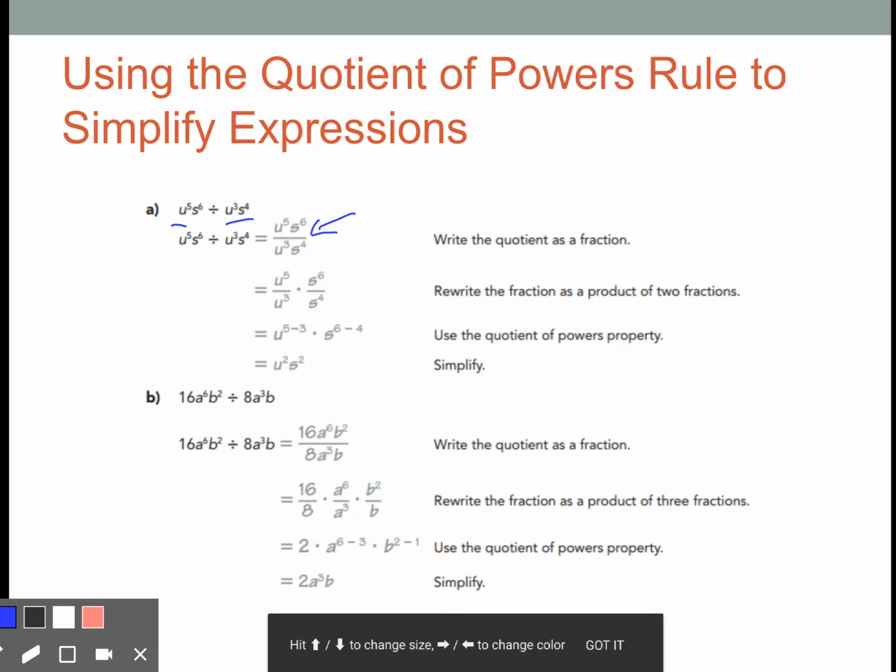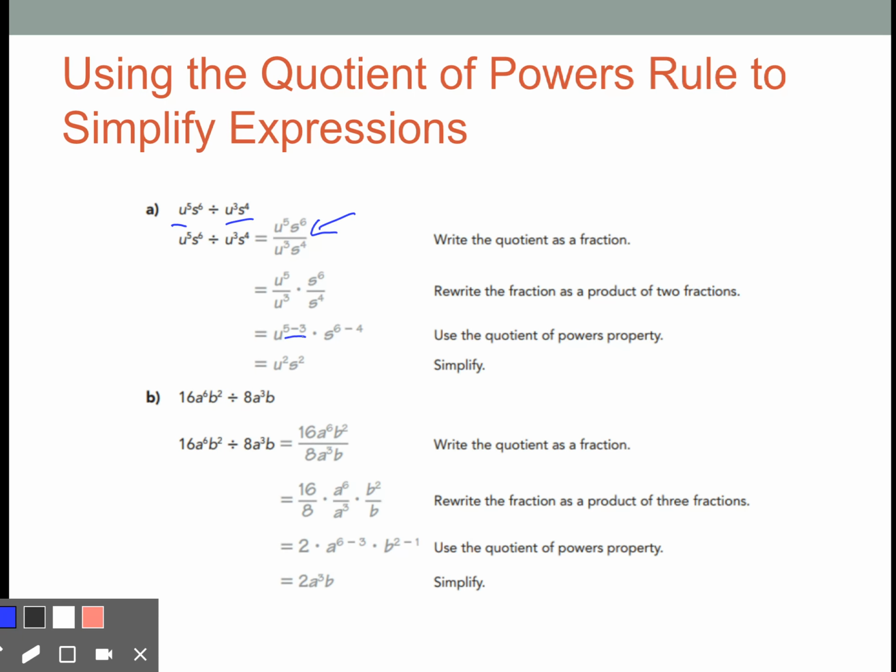Now you can use the quotient of powers property and simply do the subtraction with the different variables. So now we'll have u with 5 minus 3, and s with 6 minus 4. Do the subtraction, and this turns into u to the 2nd power and s to the 2nd power. We could just have those butted up next to each other because they are variables.